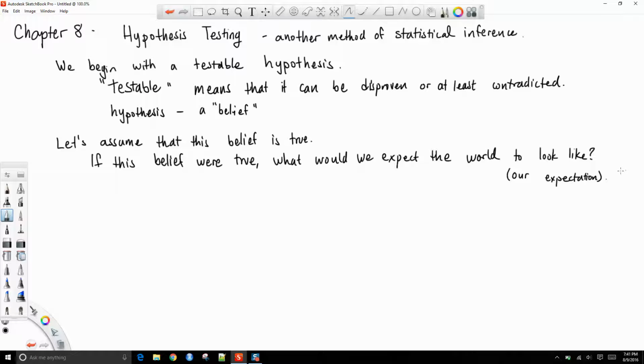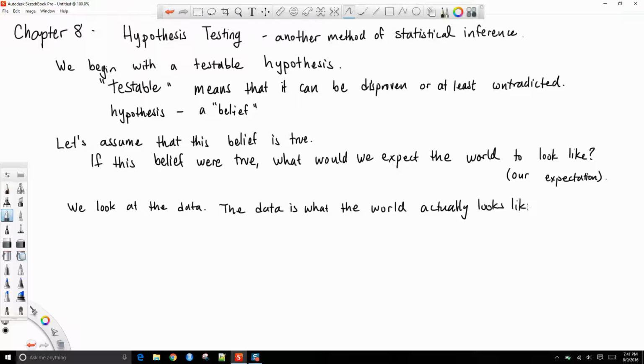And then we look at the data, and the data will be what the world actually looks like, okay? Okay, and so this we can call the reality. Okay.